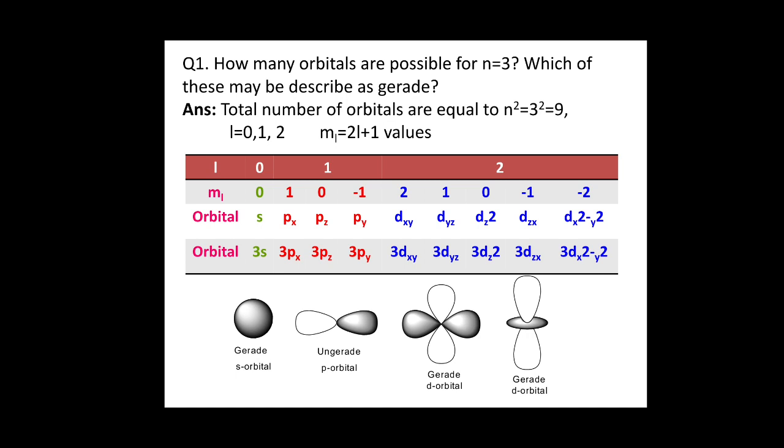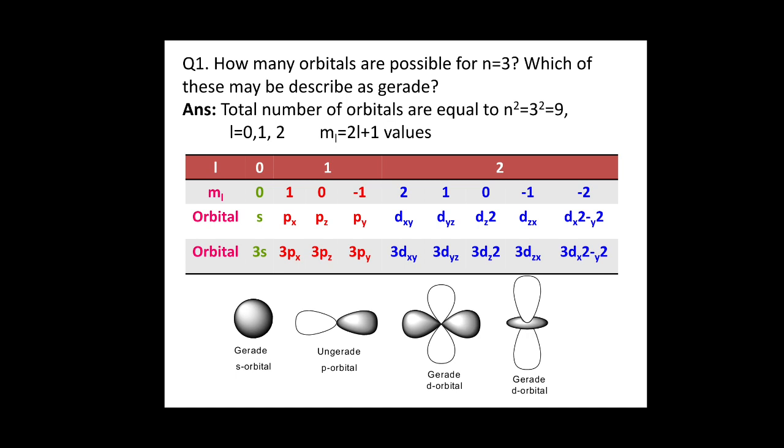Similarly for l equal to 2 you have 5 different atomic orbitals. For ml equal to plus 2 you have dxy, for 1 dyz, for 0 dz square, for minus 1 dzx, and for ml equal to minus 2 you have dx square minus y square.